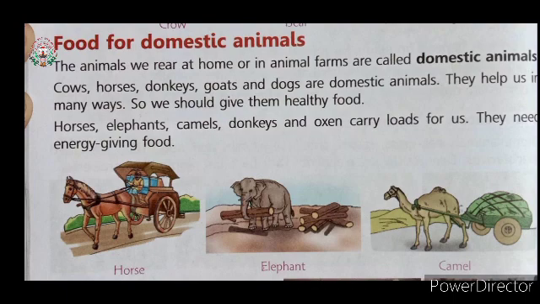So the animals we breed at homes or in animal farms are called domestic animals. Cows, horses, donkeys, goats and dogs are domestic animals.